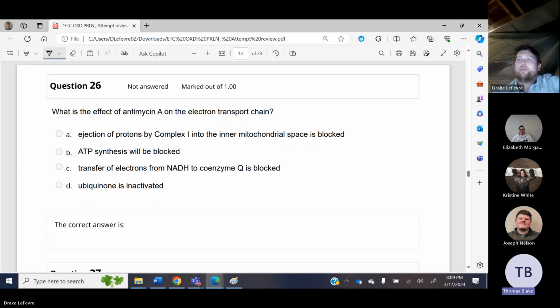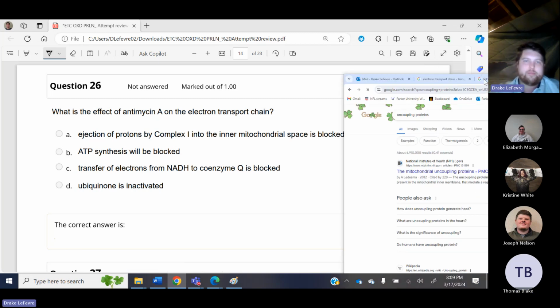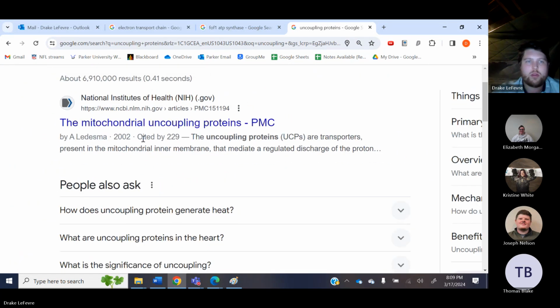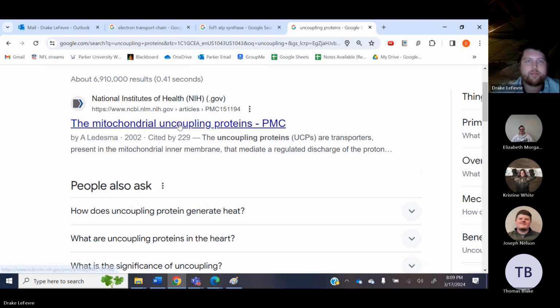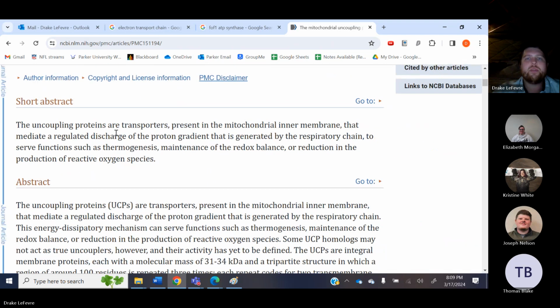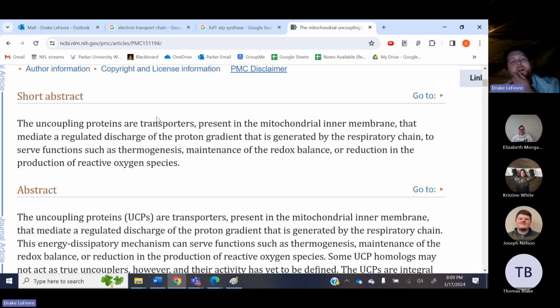Yeah, I guess I still don't understand what's uncoupled there, but I guess you're inferring it has more to do with the separation of the Krebs cycle from the electron transport chain. So, uncoupling: the uncoupling proteins are transporters present in the mitochondrial inner membrane.